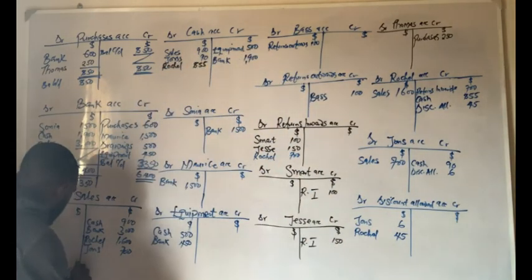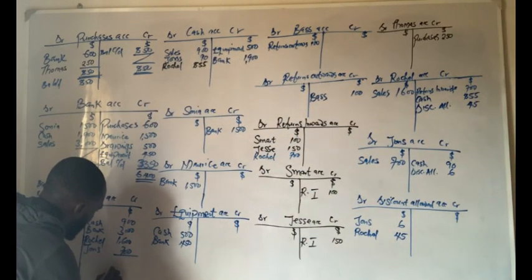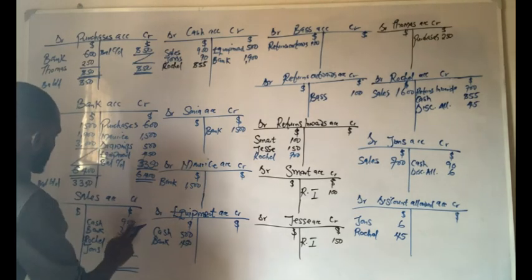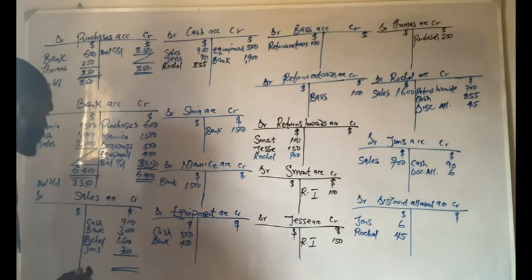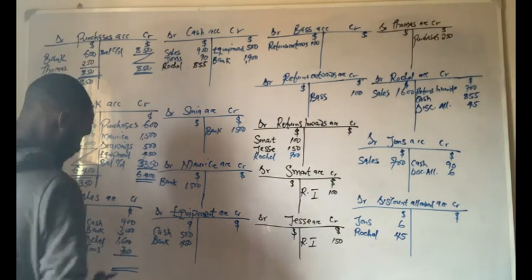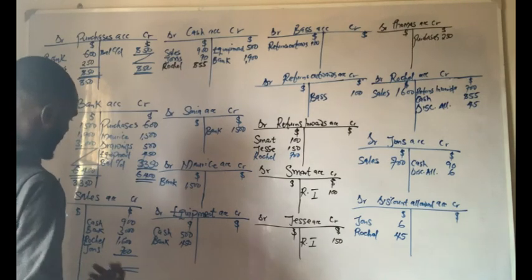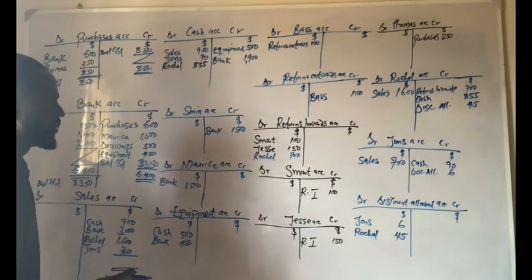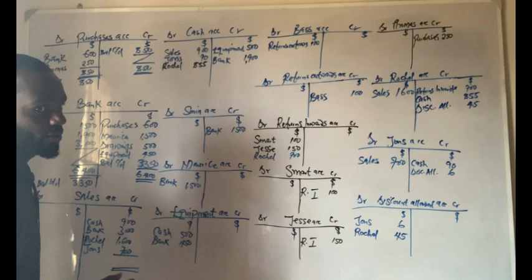Here we balance the sales account also. This plus this is 3,900, 4,000, 5,500, plus this is going to be 6,200.